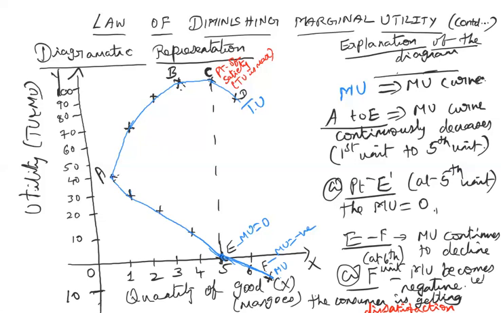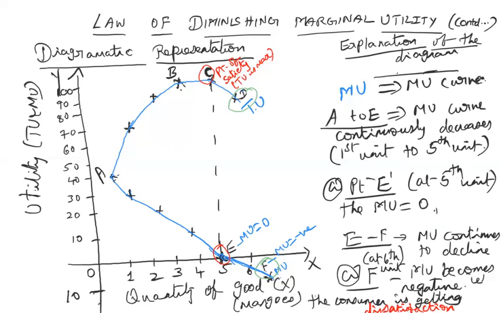When the total utility reaches its maximum point, at that point marginal utility becomes 0. And when the total utility starts declining at point D, at point F the marginal utility becomes negative. So this is the relationship we find between the total utility and the marginal utility.